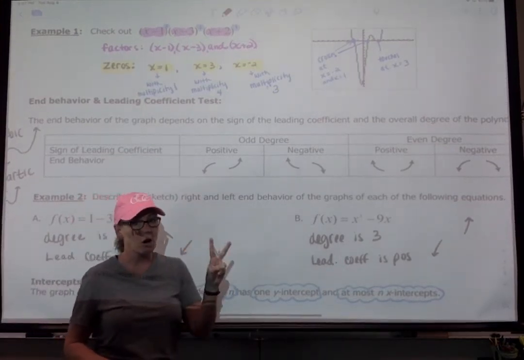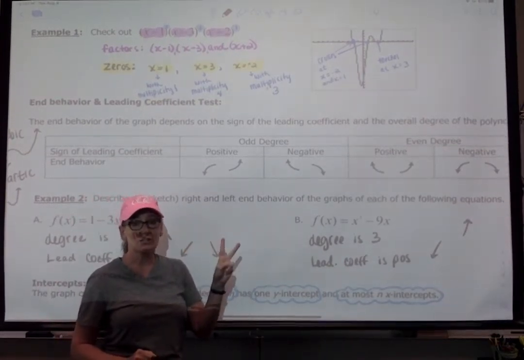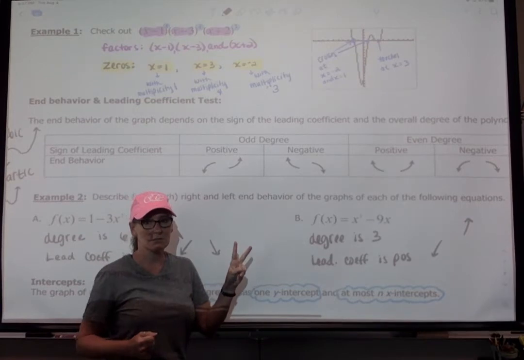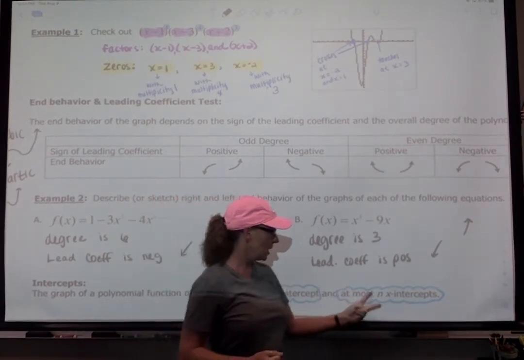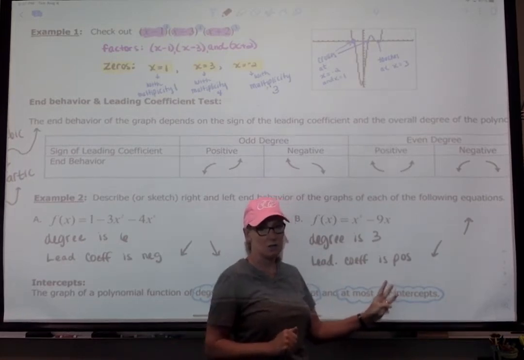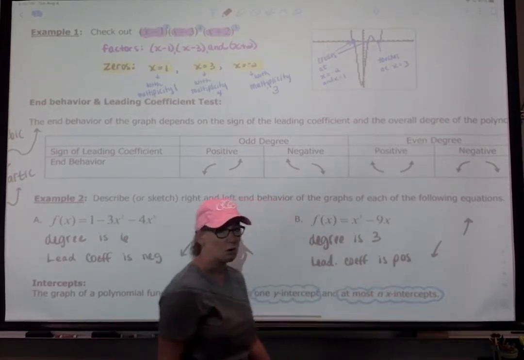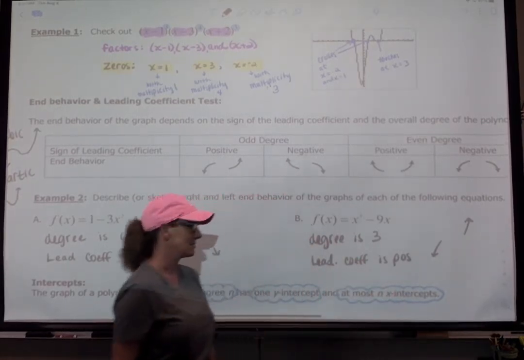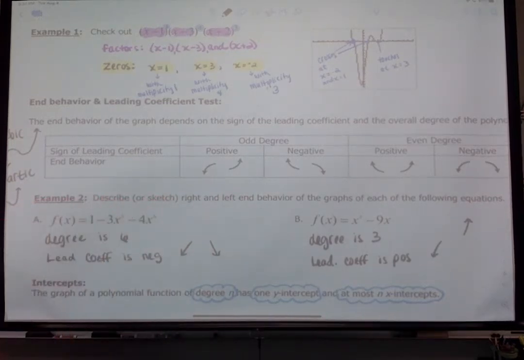So a quadratic can cross up to 2 times. A cubic can cross up to 3 times. A quartic up to 4 times, and so on. The x-axis.